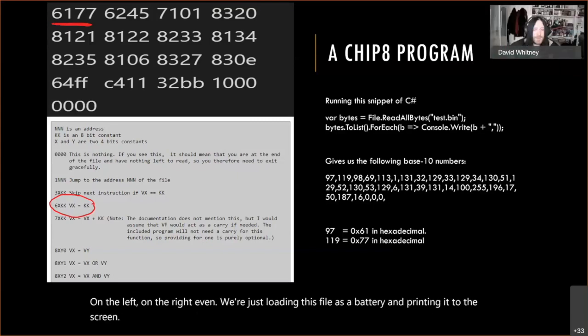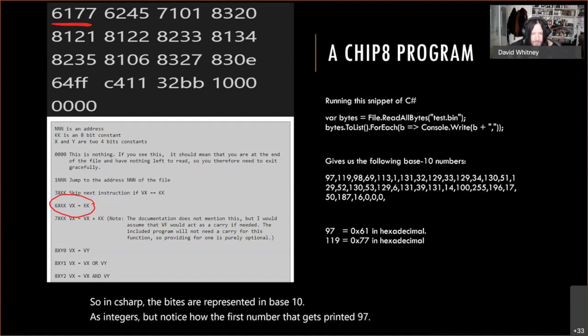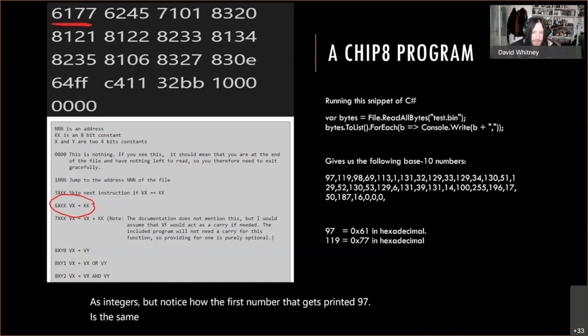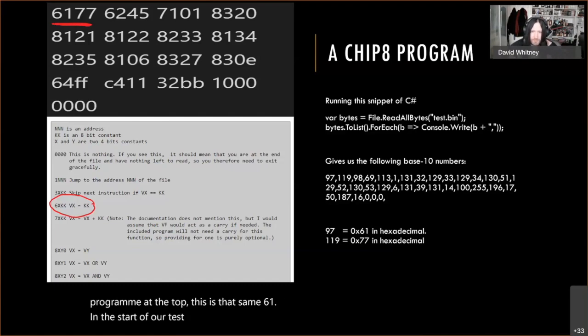In C#, the bytes are all represented in base 10 as integers, but notice how the first number that gets printed, 97, is the same as 61 in hexadecimal. And if you look at the first two digits of the original program at the top, this is that same 61 at the start of our test program, those first two numbers.